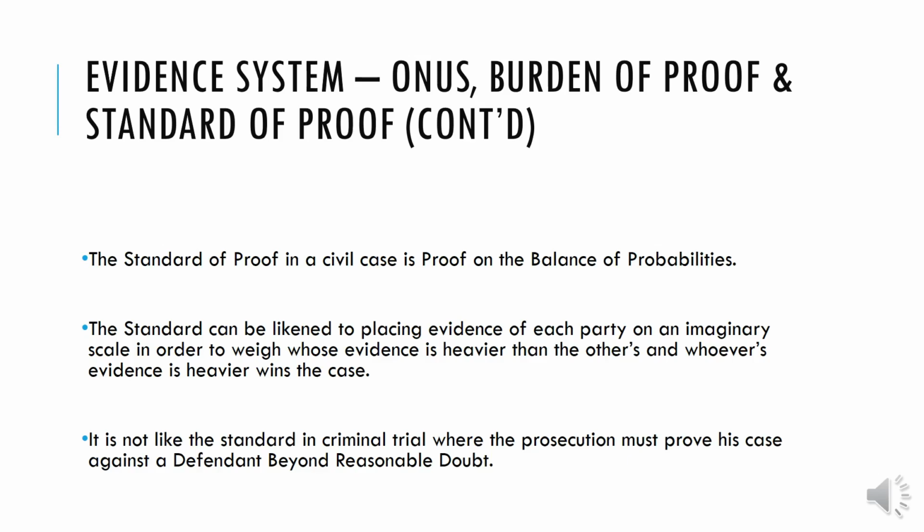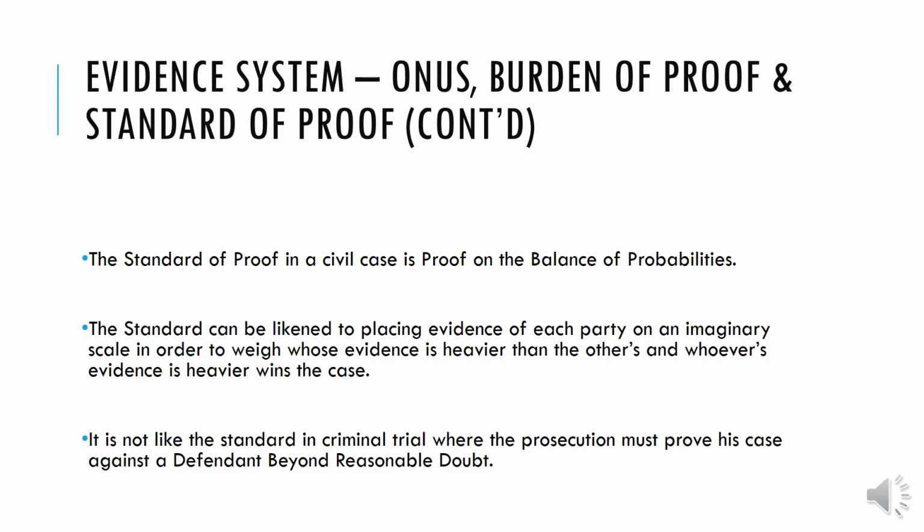But if the court feels otherwise, that the evidence of the claimant is not convincing, then the case of the claimant may fail, and therefore the case will be dismissed for being unable to prove and justify the claims before the court. So it's as if an imaginary weighing of evidence, which one is heavier than the other. So that is what proof on the balance of probabilities is all about.